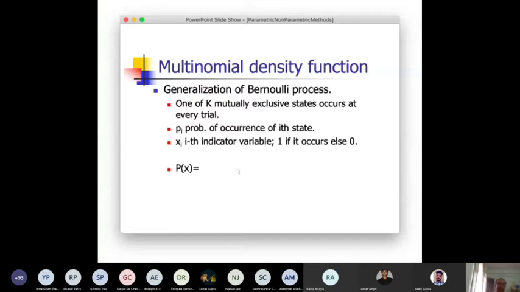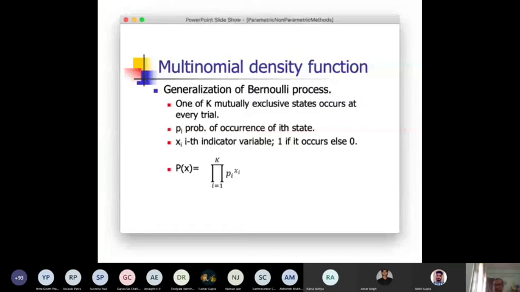And then what is the probability that it is going to be 1? So we can express it in general form. It is like this: the product of pi to the power xi, i equal to 1 to k. So that is the probability of x when you are considering the corresponding multidimensional representation of a particular observation. So x is represented by how many variables?